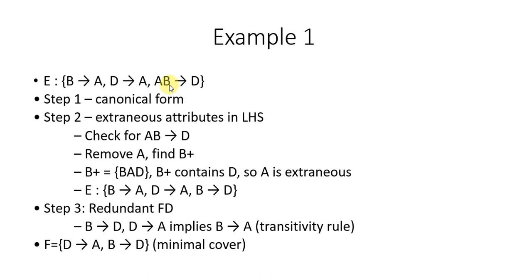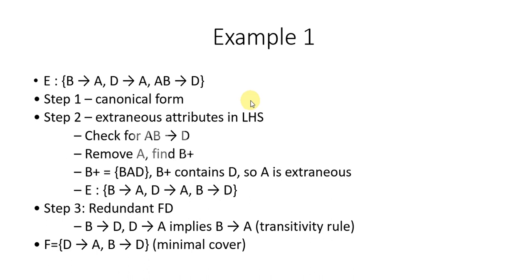So F will contain only, we can remove this extraneous attribute, B to A, D to A, and B to D. Clear. And step 3 is we are removing any redundant functional dependencies. Okay. So here B to D, consider this case, we have B to D and D to A. That implies B to A, because of the transitivity rule.